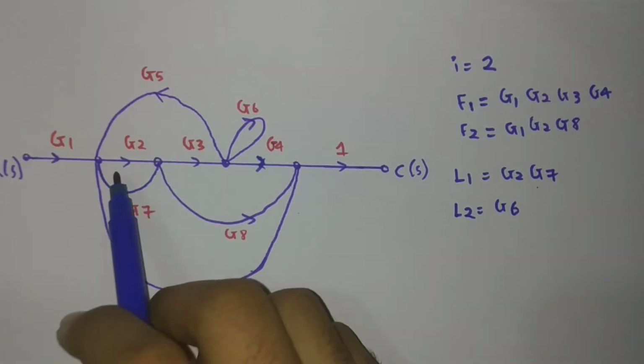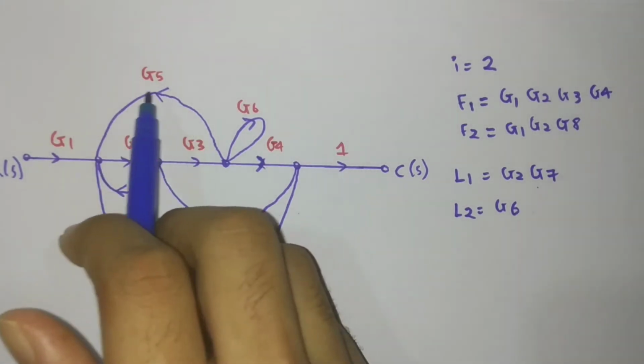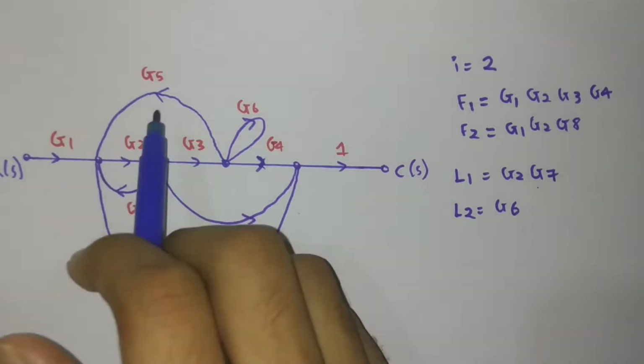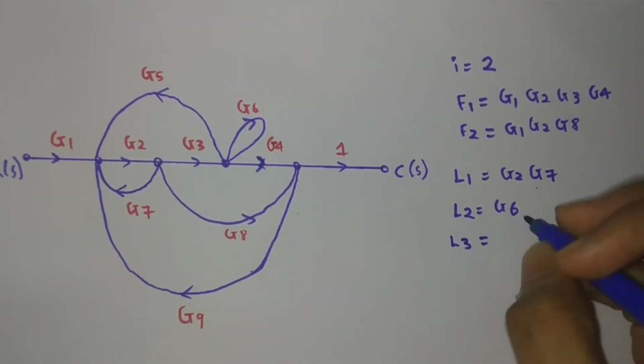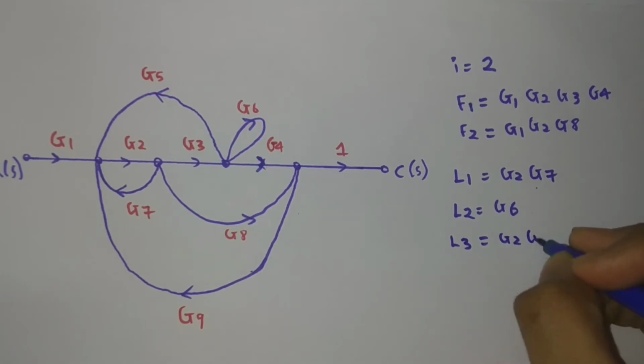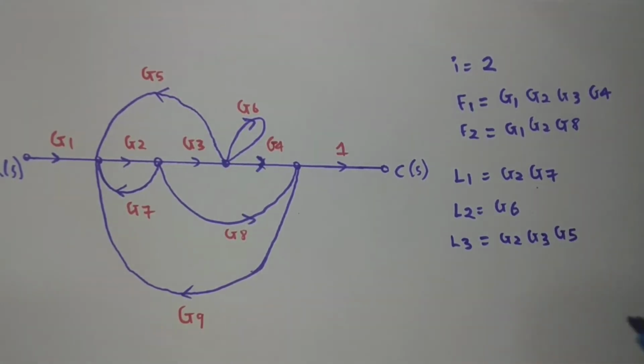Now here you might have observed there is another loop, G2, G3, and this is going back to this point. So this point has another loop, let's write it as L3, that will be G2, G3, G5. This is the third loop.